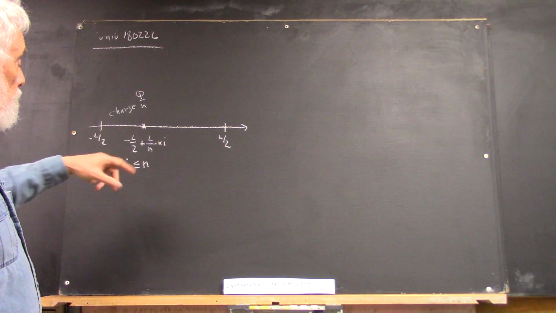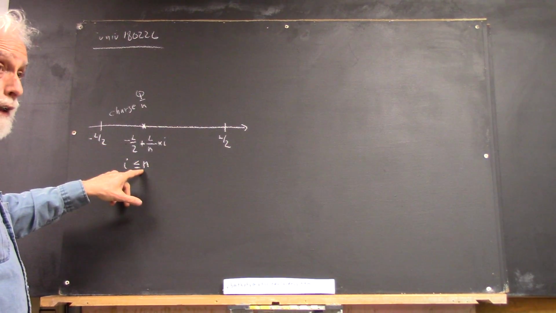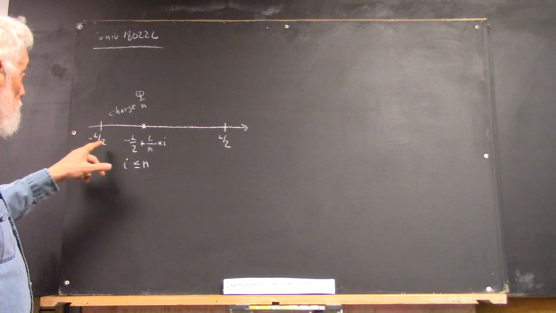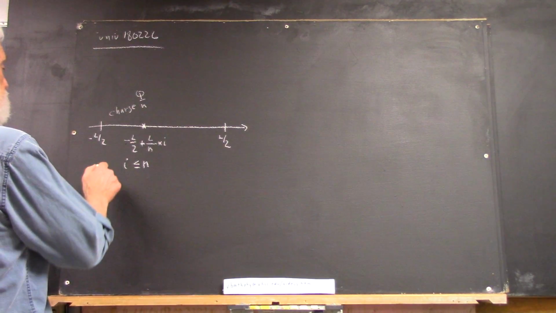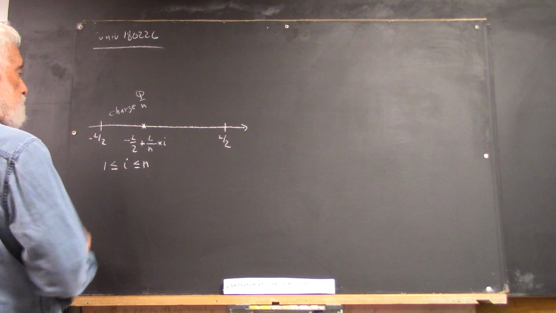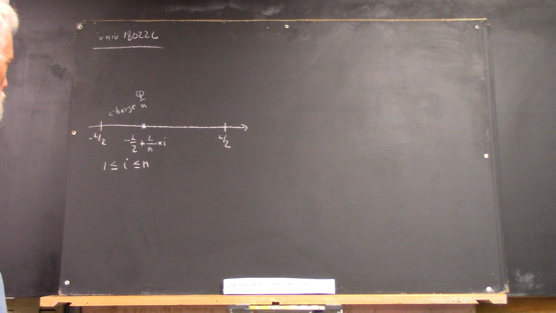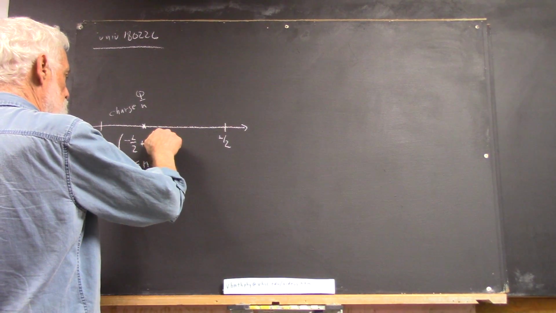First place, you can see that this expression, if i is less than or equal to n, is in between negative L over 2 and L over 2. Did you mean for there to be a 1/2 added to the i? It's negative L over 2 plus L over n.